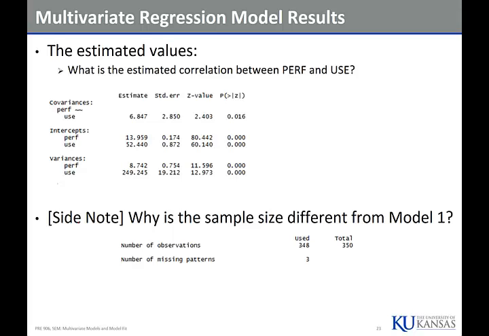My question for you: there's the covariance. What's the correlation between these two, if that's the covariance? Right, we get the covariance. Remember how to translate a covariance to a correlation?